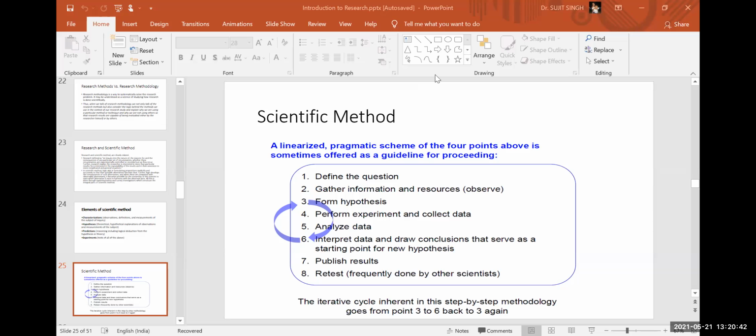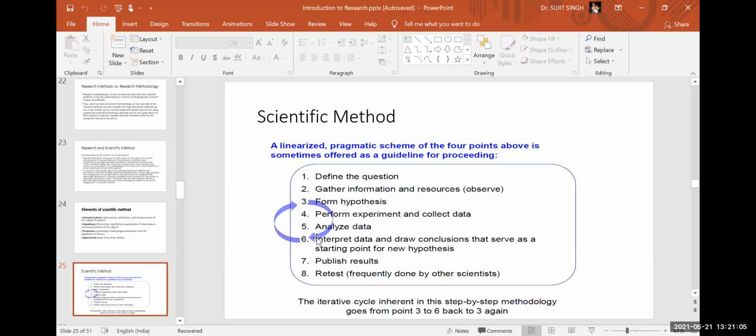And there may be some relationship we have assumed at step 3. Now we have to analyze that data. Once you collected the data, input data and the output, then you are going to perform the analysis. And you are going to interpret that data and draw conclusion.